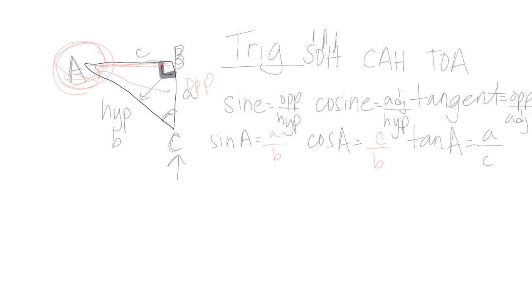Okay, but it is really important that you denote which angle you're talking about, because that's why I kept saying angle A here, because if I asked you for angle B, the opposite and the adjacent sides would be different for angle B. Okay, so I'm going to do a quick example of how you would use a triangle and find these 3 trig ratios, and then I'm going to introduce the other 3 that you didn't learn in geometry that you learned in pre-calc.